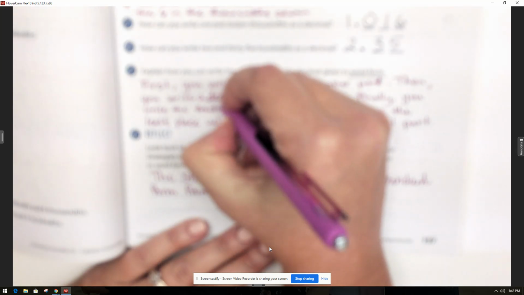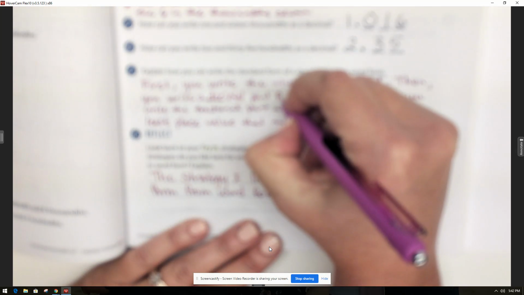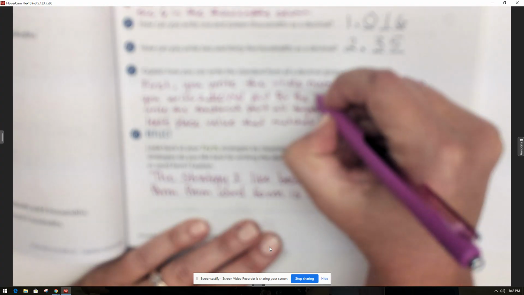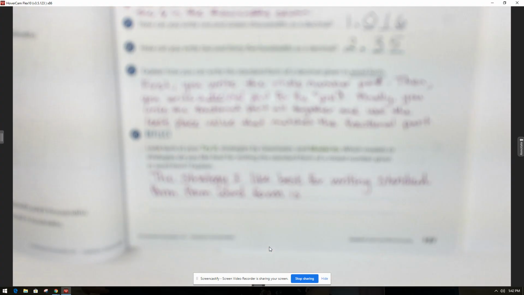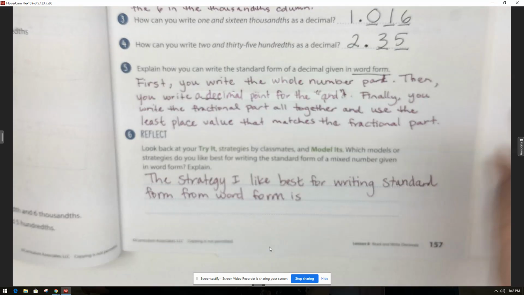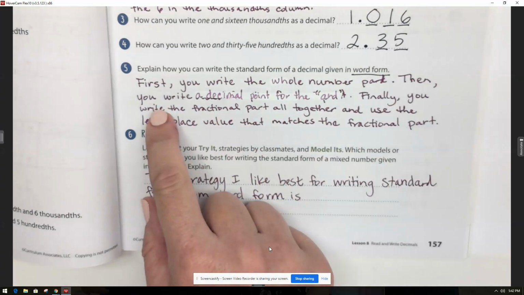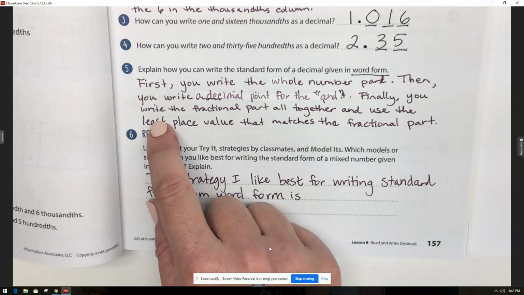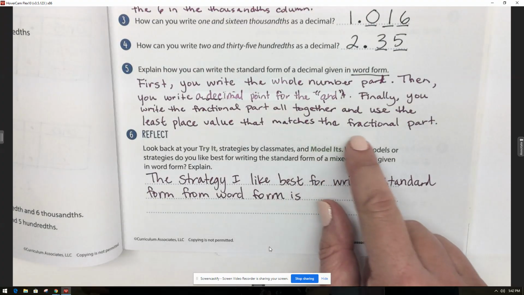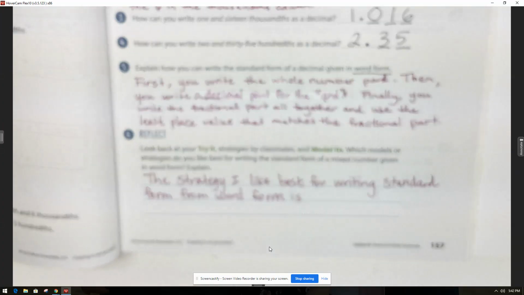Sorry about that, guys. Then you'll write a decimal point for the and. Finally, you will write the fractional part all together and use the least place value that matches the fractional part. So go ahead and pause it and get that copied down.